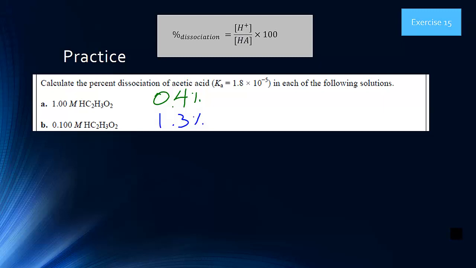The reason that the more dilute acid has a higher percent dissociation is because this percent dissociation is based off of the concentration of the hydrogen ion, which is related to that value of Ka, which is constant.